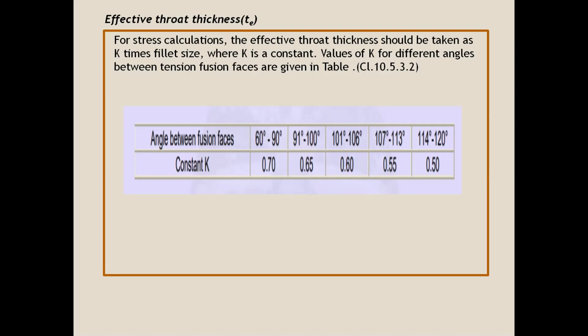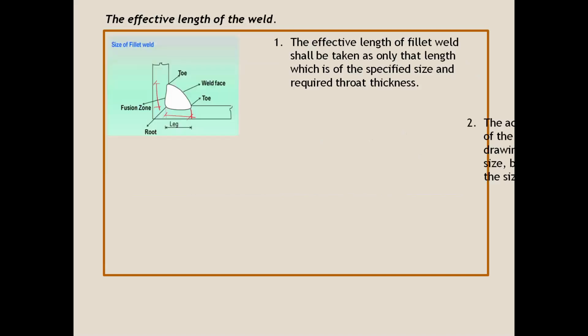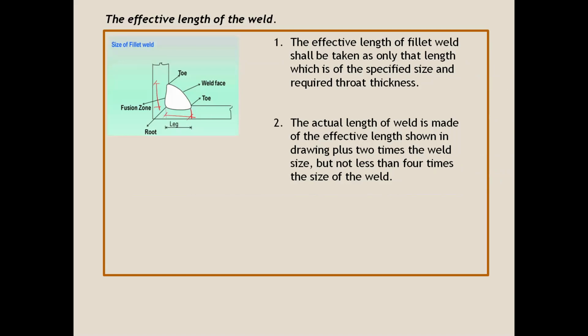Okay, the effective length of the weld. The effective length of a fillet weld shall be taken as only that length which is of the specified size and required throat thickness.